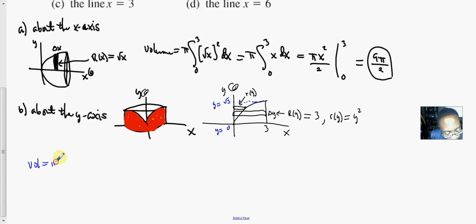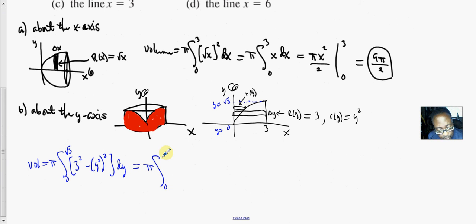The volume is pi times the integral from 0 to the square root of 3 of capital R of y, that's 3 squared, minus little r of y, that's y squared, squared dy. So this is pi, simplify that, the integral from 0 to the square root of 3 of 9 minus y to the 4th dy.